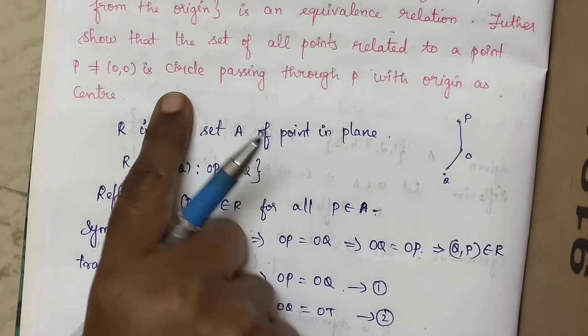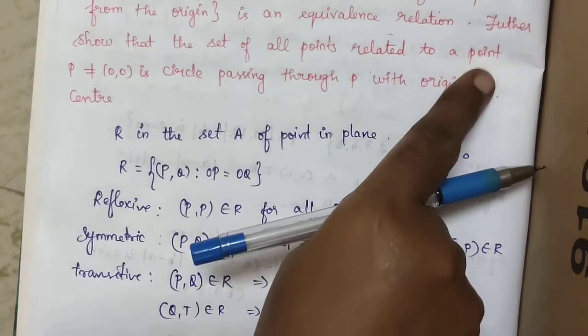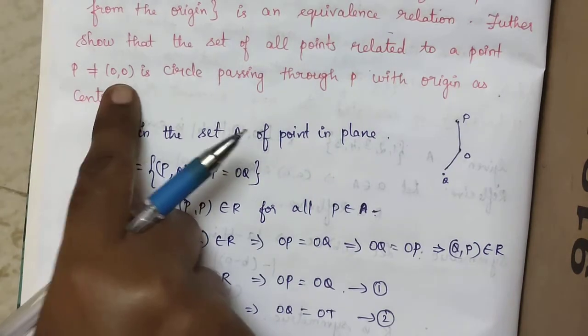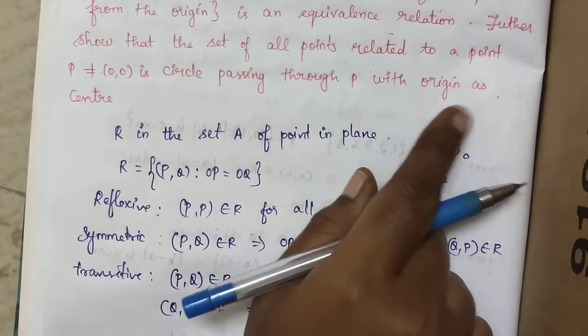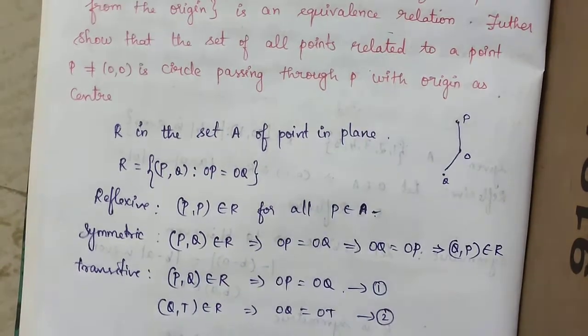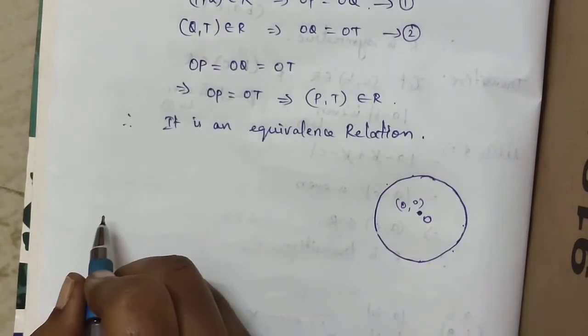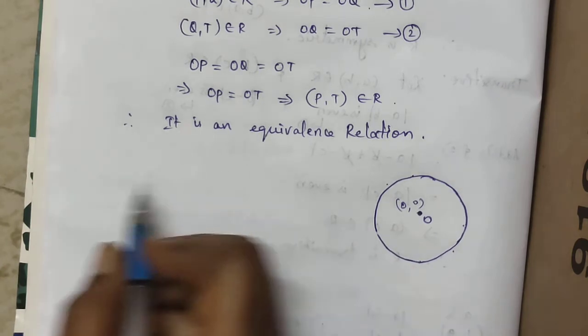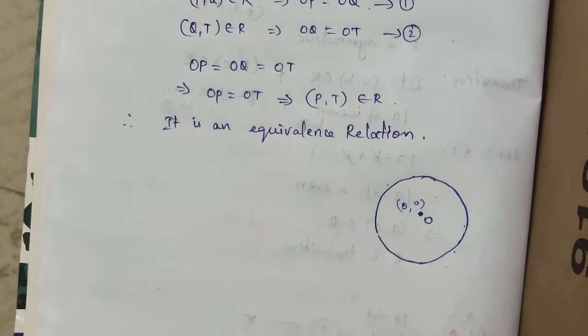So this is true: the set of all points related to the point P not equal to (0, 0) is a circle passing through the point P with the origin as center. We just have to write that the set of all points which are equidistant from the center is a circle. Hence it is proved.